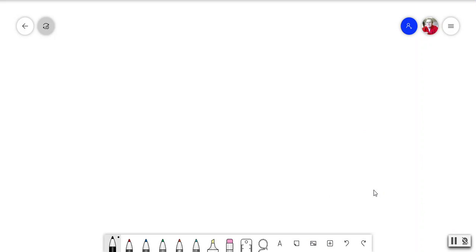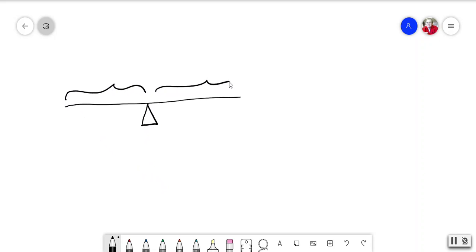Now, I'm not going to go into the math of it that much, but I have to address it a little bit. So, usually on a properly made seesaw, the fulcrum, which is the point at which it turns, is in the middle.